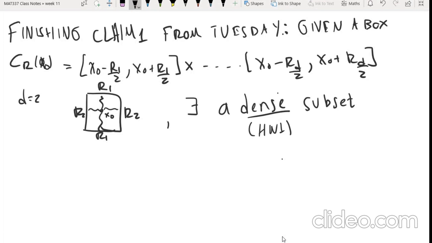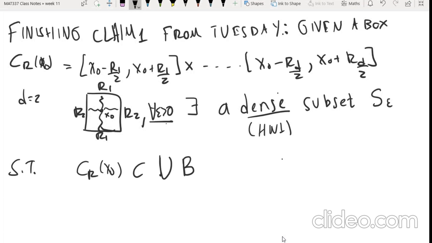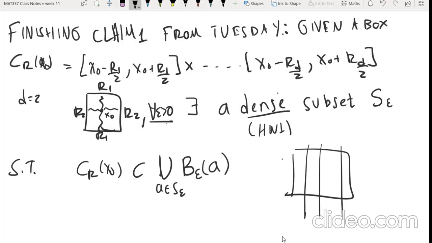A dense subset S epsilon. So for every epsilon positive, there exists a dense subset S epsilon, so that C_R X naught is inside the union of epsilon balls centered at these points. So the picture would be this.